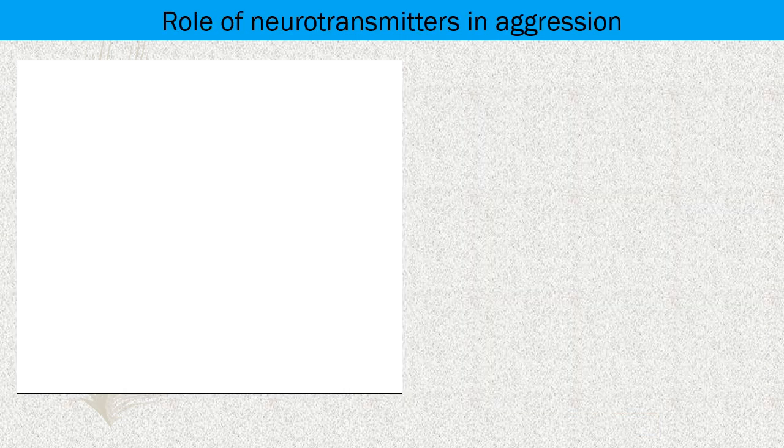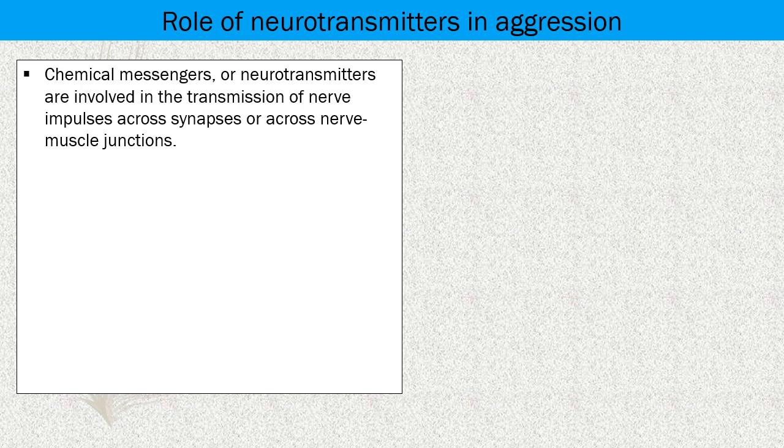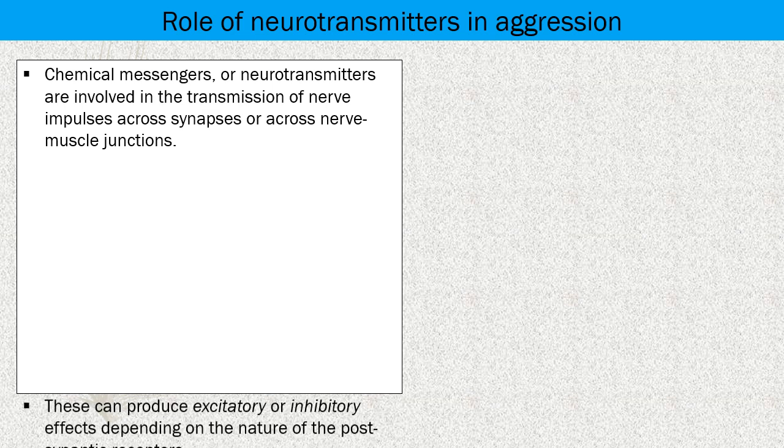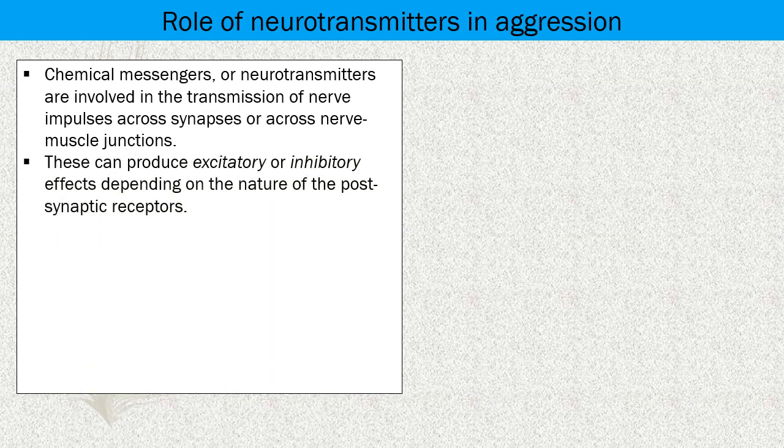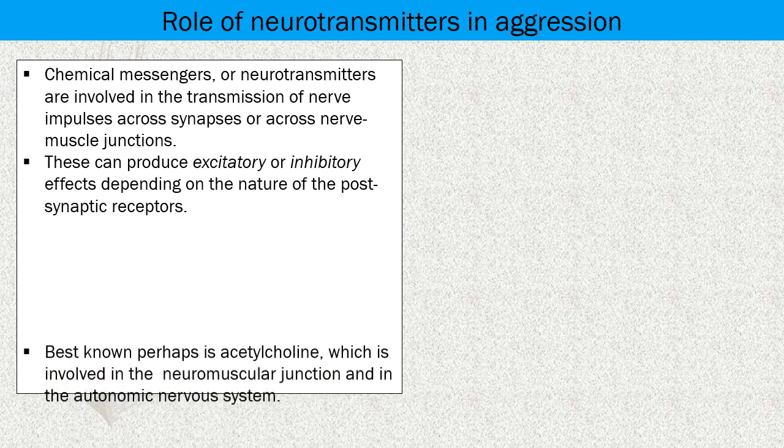Role of neurotransmitters in aggression. Chemical messengers or neurotransmitters are involved in the transmission of nerve impulses across synapses or across nerve-muscle junctions. These can produce excitatory or inhibitory effects depending on the nature of the postsynaptic receptors.